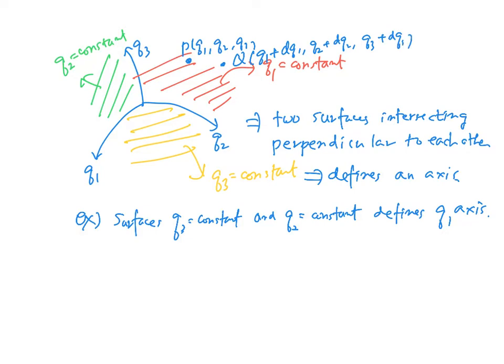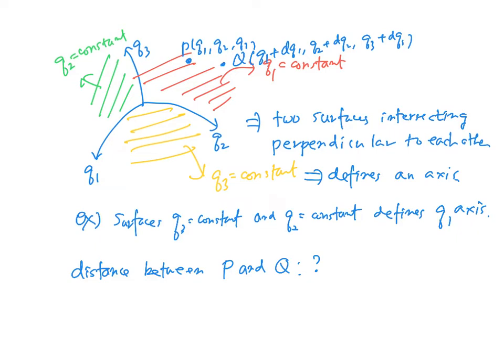So what is the distance between P and Q? You can ask, how do we define the distance between two different points in curvilinear coordinates?